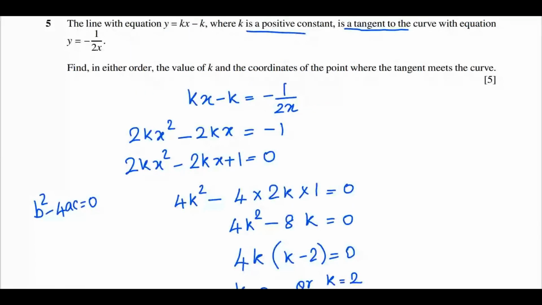After finding the value of k, next we have to find the coordinates of the point where the tangent meets the curve. So we have to find out the point of contact.